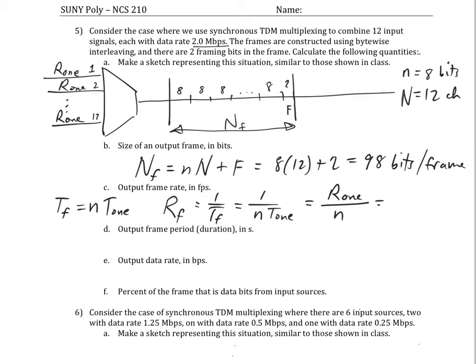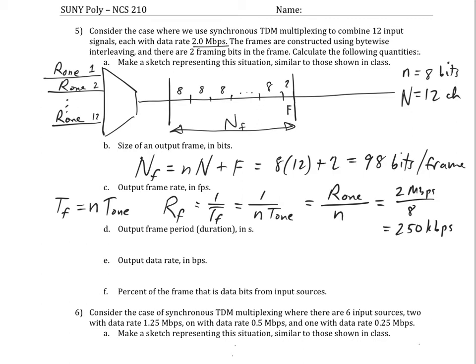Okay, and this is now 2 megabits per second all over 8, or 250 kilobits per second, which is 1/4 of a megabit per second, or 2/8 of a megabit per second. So I get 2/8 of a meg, 1/4 of a meg, which is 250 kilo. Okay.